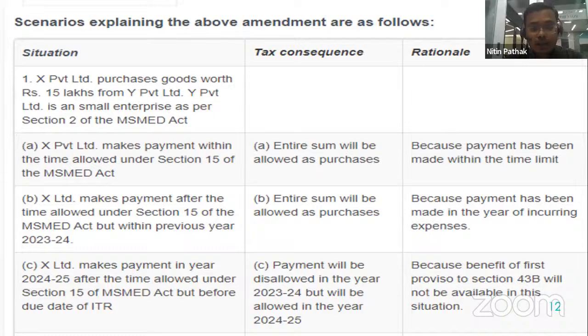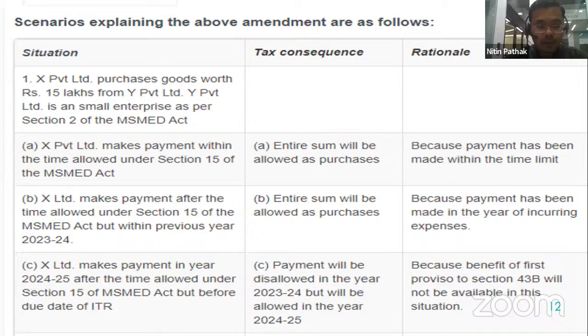Second, X Limited makes the payment after the time allowed but within the previous year. Suppose X Limited purchases goods of 15 lakh from Y Limited on 1st January 2024 and makes the payment after the period agreed as per the invoice or the MSME Act time limit, but before the end of the year.